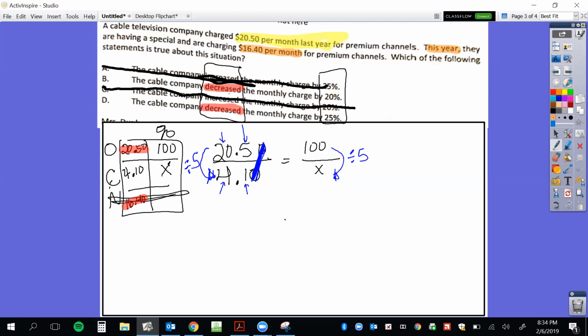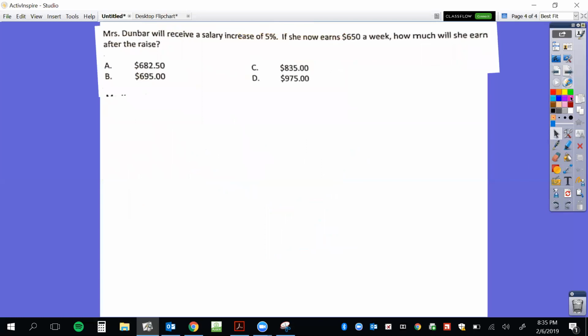And 100 divided by 5 is 20%. Therefore, my answer has to be B, because D said 25, and that is incorrect. So again, almost exactly like all the other percent problems, the only thing that's really new is this OCN box. And let's look at one more together.